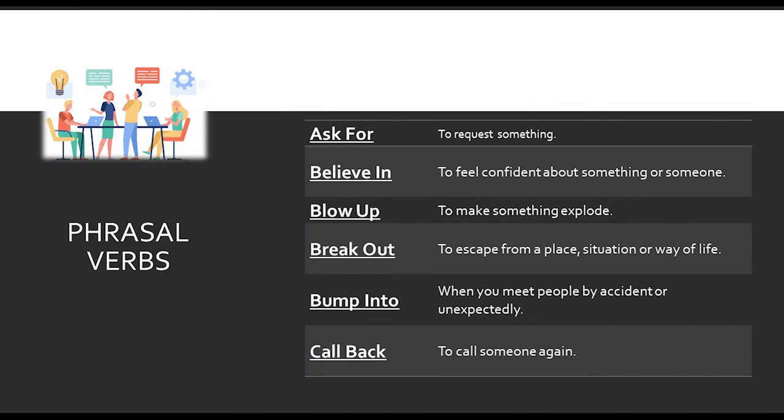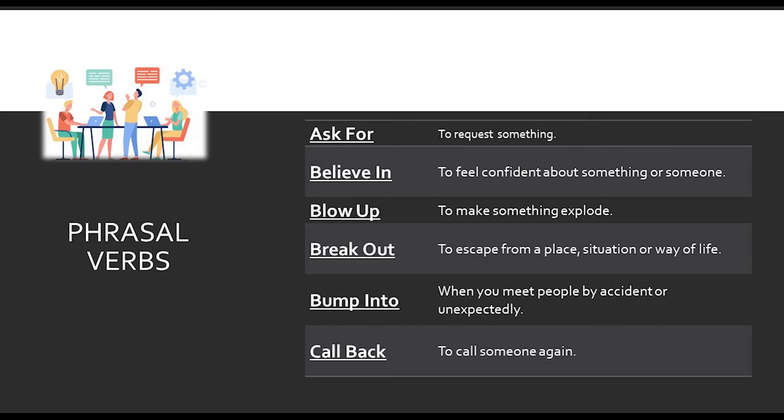Let's see some other examples of phrasal verbs. Ask for means to request something. Believe in, to feel confident about something or someone. Blow up, to make something explode.